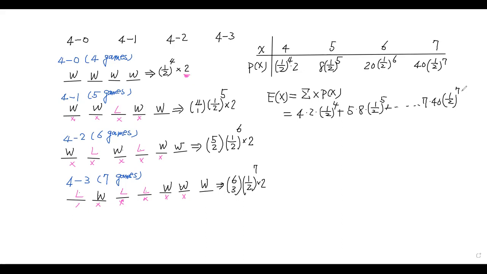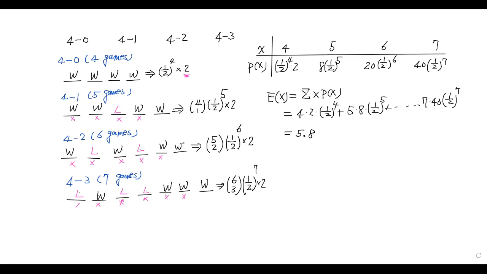Okay, so when you add them together, the average is about 5.8 games. So it's about 6 games. Okay, so that's why in the NBA you want to have the two teams kind of close together, right? So now this problem is a pretty easy concept, right?